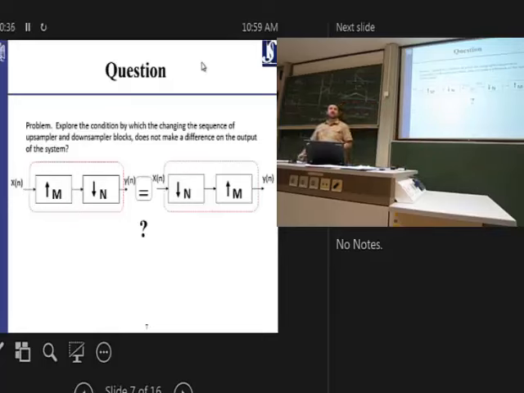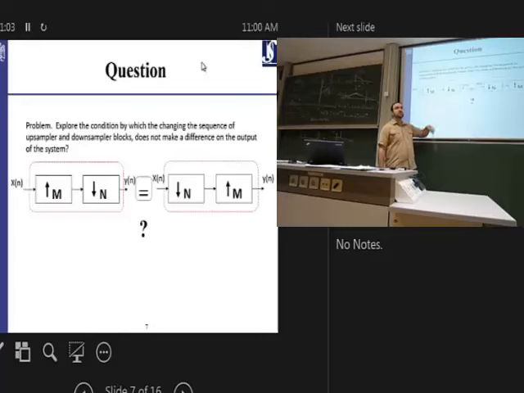So the question I posed here is, assuming that we have a signal x of n, and we have an upsampler with the ratio of m, and a downsampler with the ratio of n, and we get the signal in the output y of n. What should be the condition between m and n such that we can easily replace these two blocks?